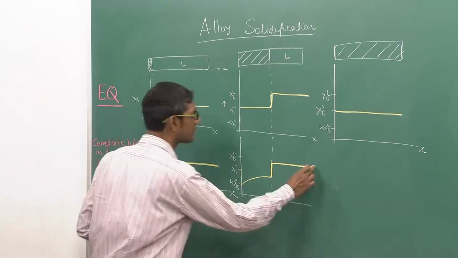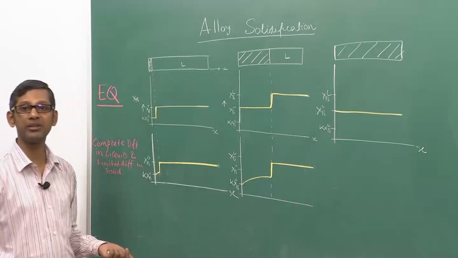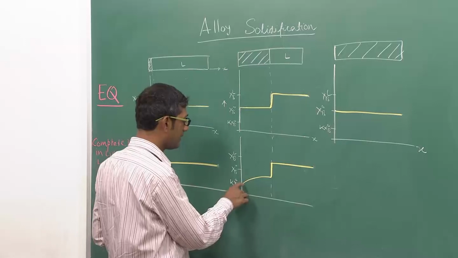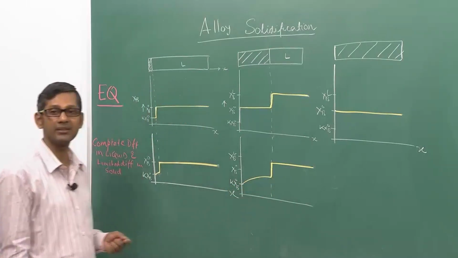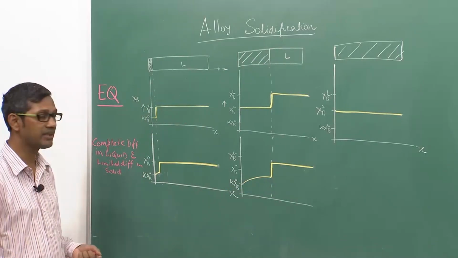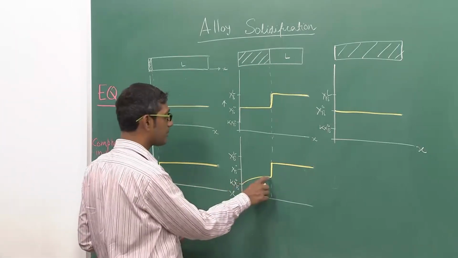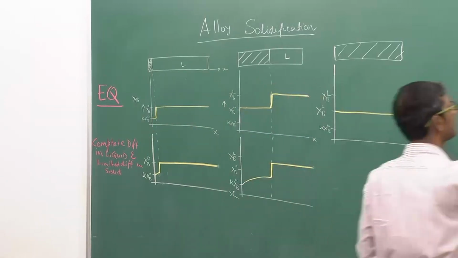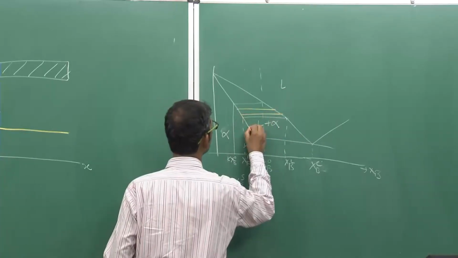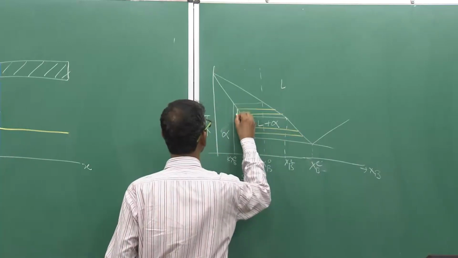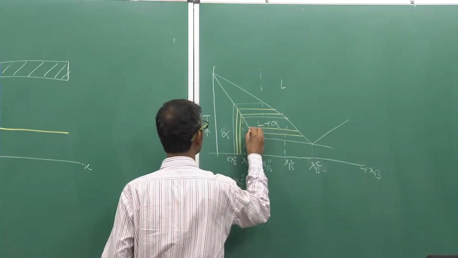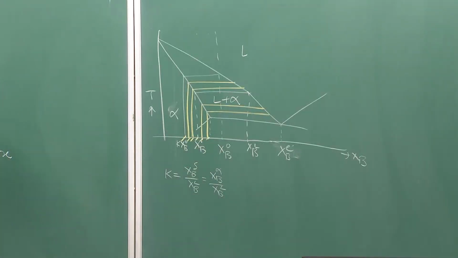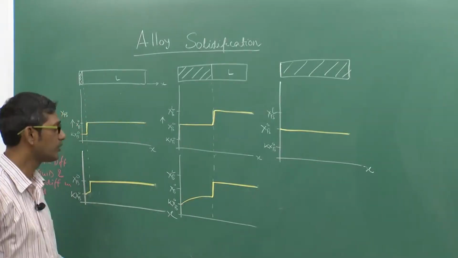It's very clear again that liquid has uniform composition, because liquid has no diffusion problem, complete diffusion is possible, but solid has a compositional difference. That is the coring we discussed in the last lecture, that different parts of solid have different compositions, and that is mainly following the phase diagram. As you see here, if I draw these vertical lines, you have 1, 2, 3, 4, 5, 6 different compositions, and that is what we plot. This looks like this.